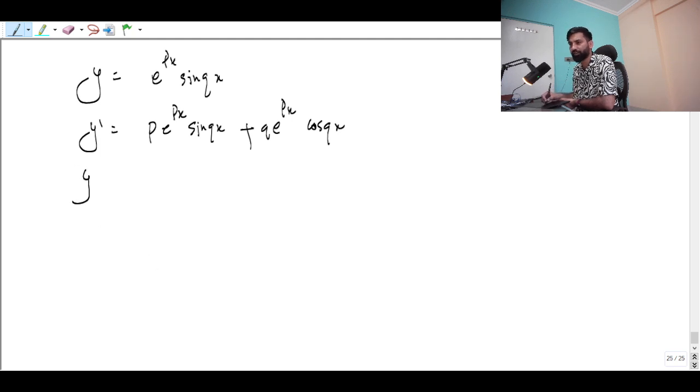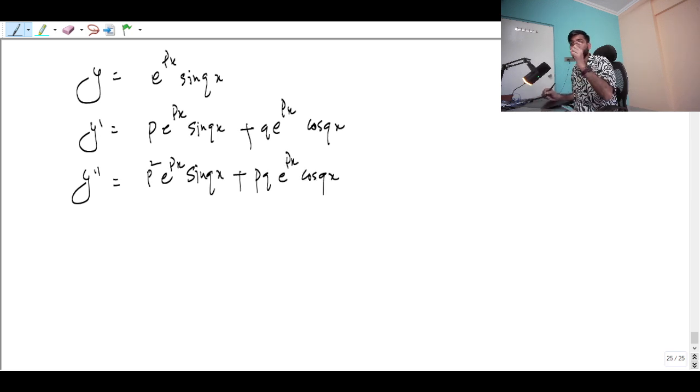Now you can go for the double derivative. Again, you have to apply the product rule as well as the chain rule. So this will give you p square e raised to power px sine qx plus pq e raised to power px cos qx.